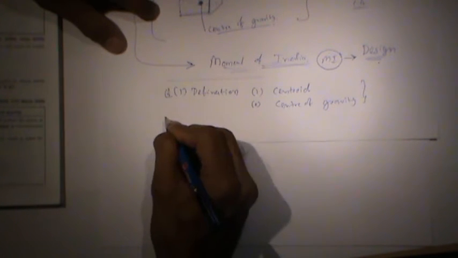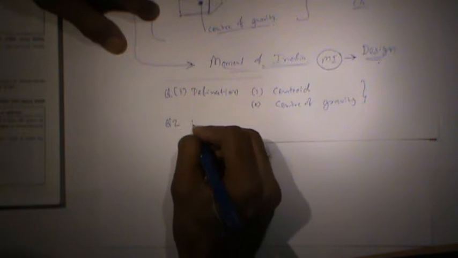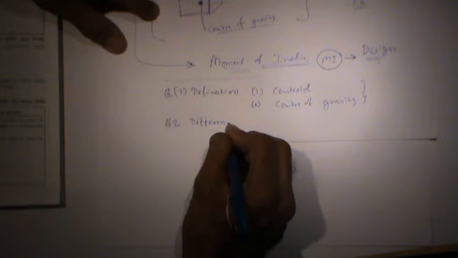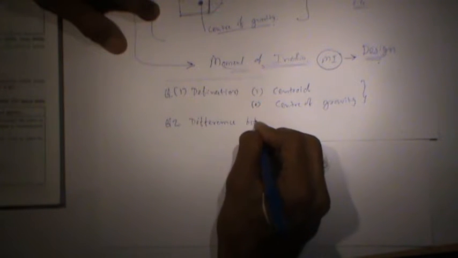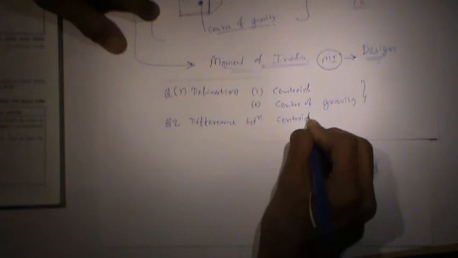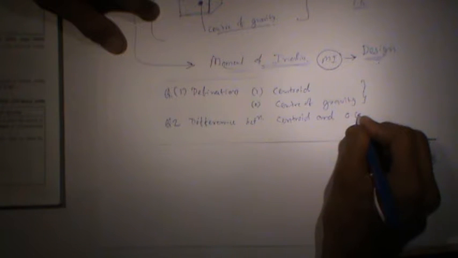This is the first question. Second question is the difference between centroid and CG, that is center of gravity.